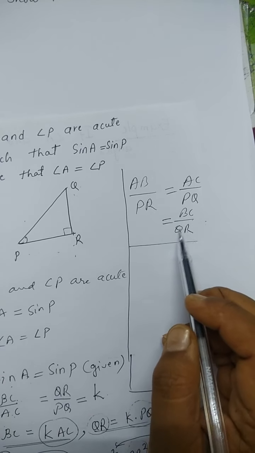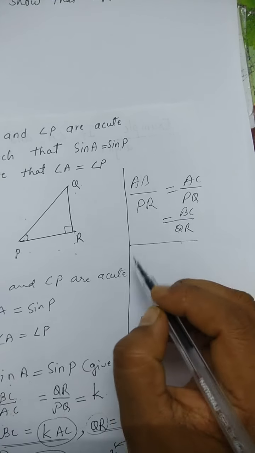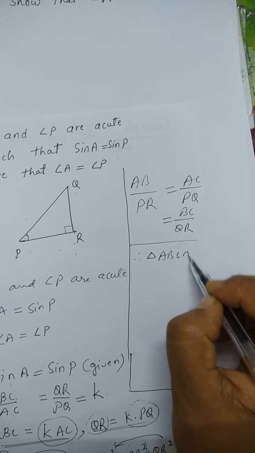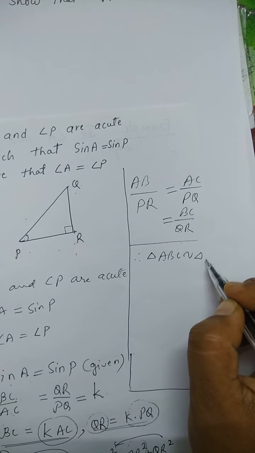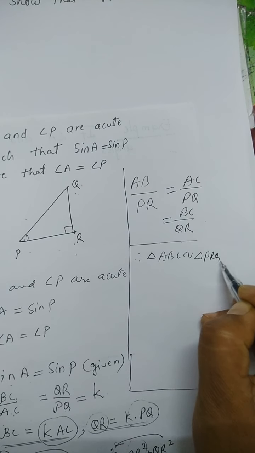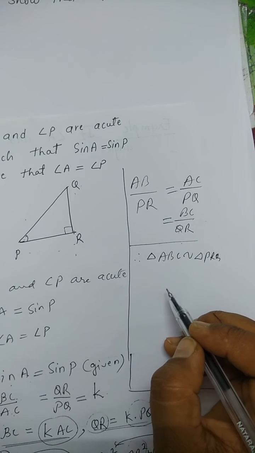So here we have proved that the corresponding sides are in the same ratio. Therefore, triangle ABC is similar to triangle PRQ.